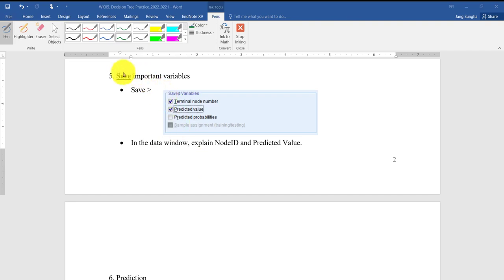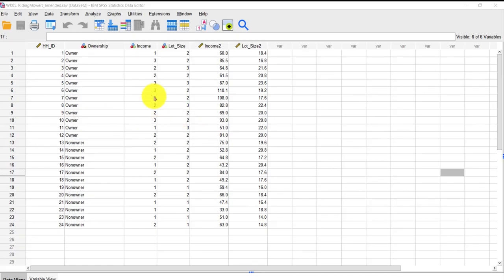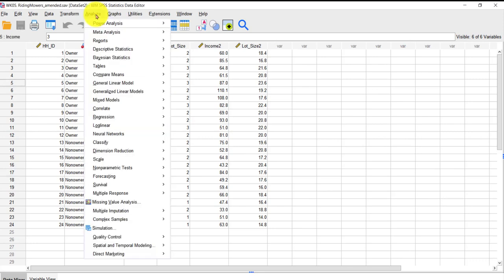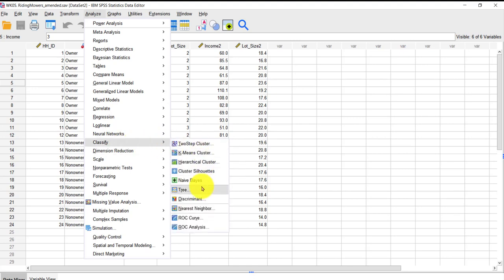Let's continue. In question 5, I ask you to save some important variables using the SPSS save option. Let's save these two new variables. In SPSS, go to Analyze, Classify, then Tree.